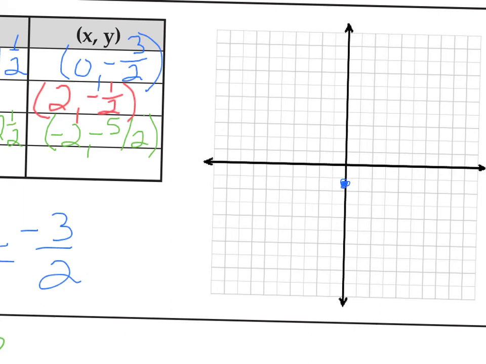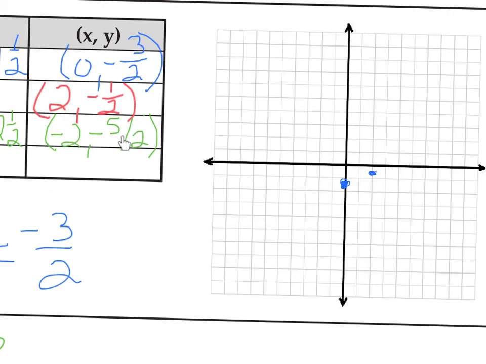Usually by the time you draw your point, you've taken up almost the whole box anyway. Positive 2, negative 1/2. So positive 2 first, negative 1/2 will be right there between the axis and the negative 1, so right in there. Okay?